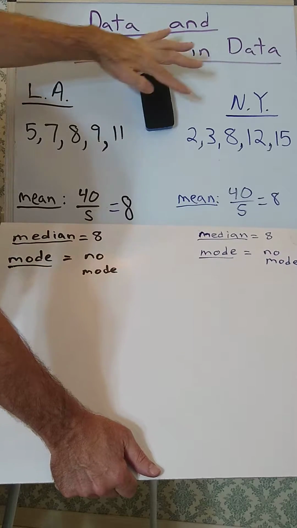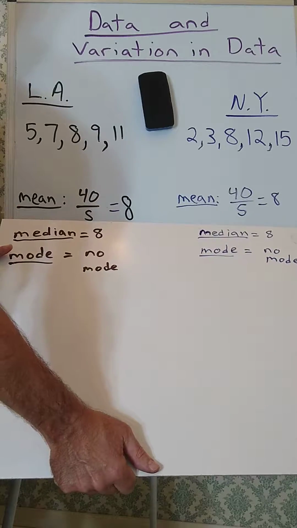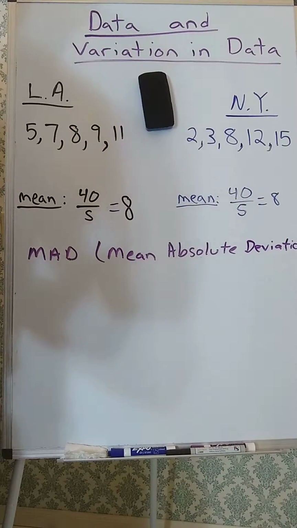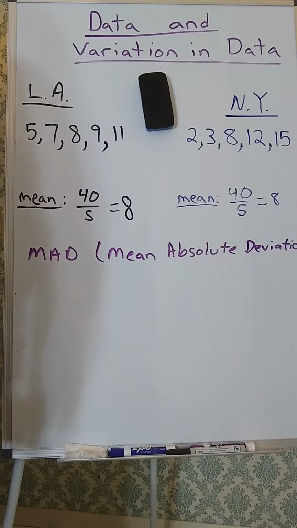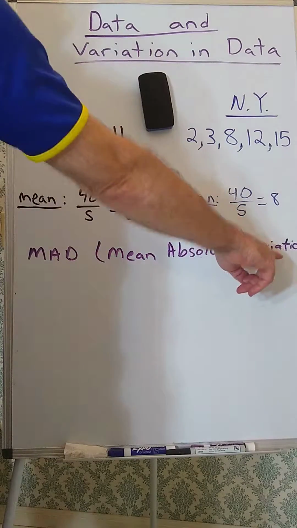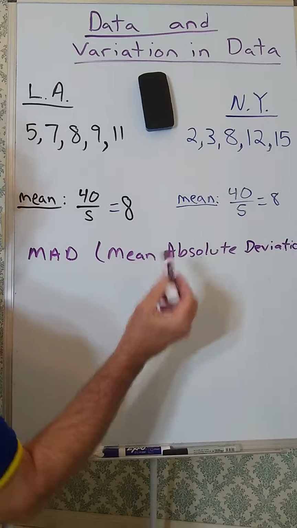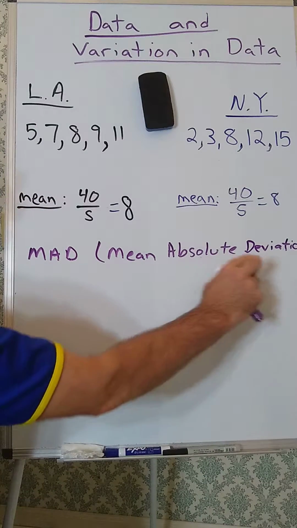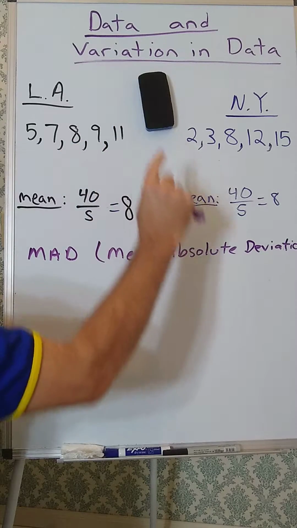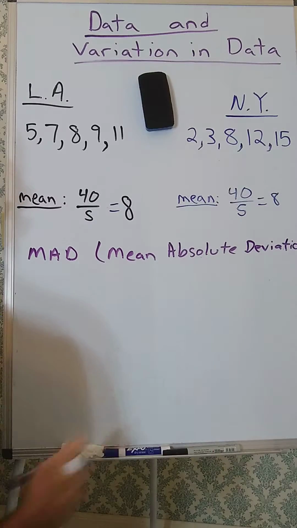We see two sets of data here that have the same mean, median, and modes, but what's different is their variation. To look at their variation, we're going to look at what's called the mean absolute deviation. And how do we find this? Well, we find the mean of how far each of these values is from the mean, and that's the idea of absolute deviation.